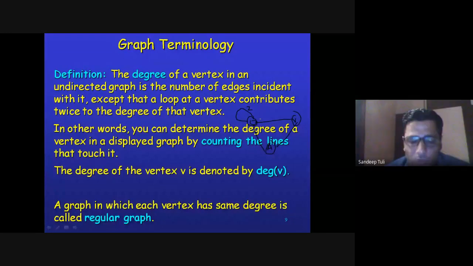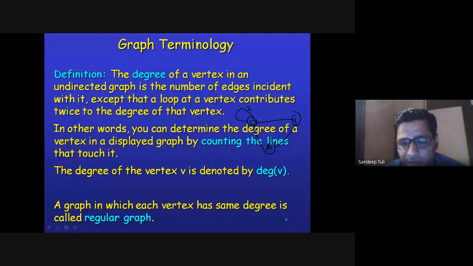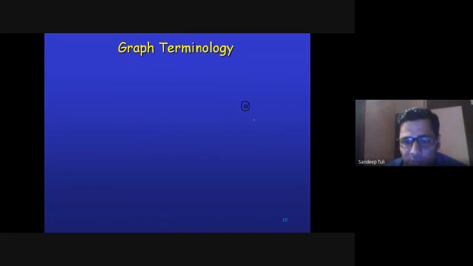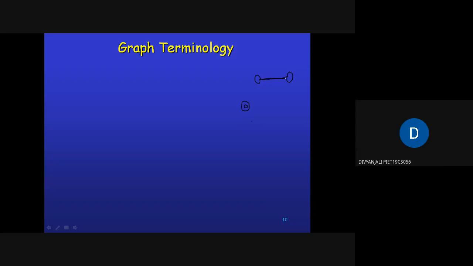Okay, sir. Let me explain in another way. Suppose this is a specific edge, and these are 2 vertices. So tell me, this edge is contributing to the degree of how many vertices? 2 vertices.